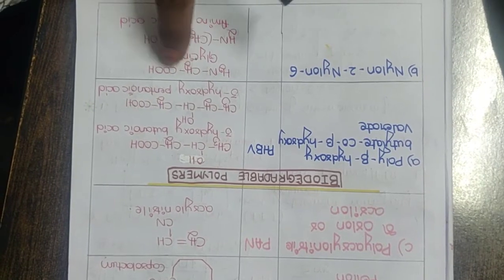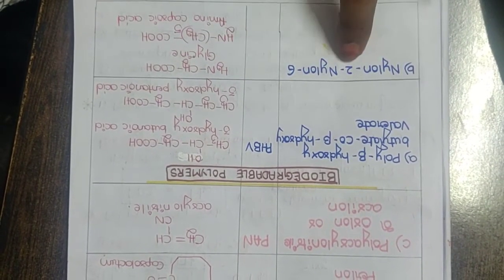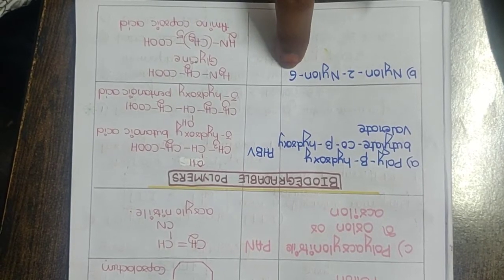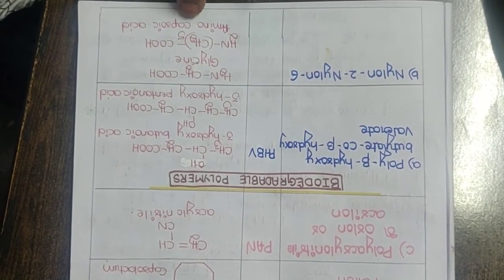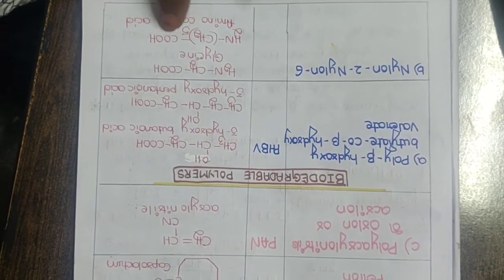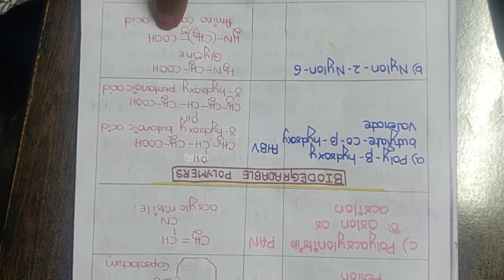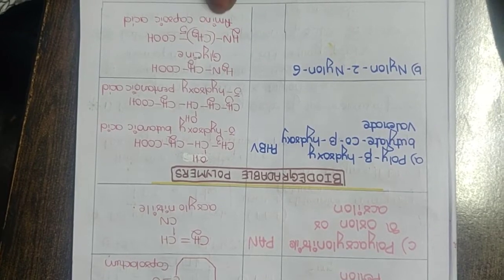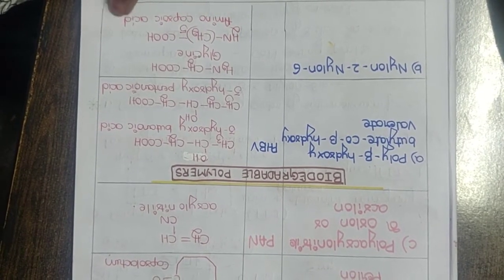So there are 2 carbon atoms, therefore it is used with a 2 number. And the other, nylon 6. Why is that? Because the next monomer has a total of 6 carbon atoms, 5 plus 1 will become 6 carbon. The name of the other monomer is amino caproic acid.